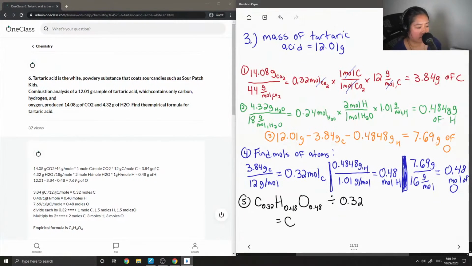Then we get C1, H1.5, and O1.5. But again, I don't want these in decimals, so I'm now going to multiply it by 2, just so that we can get whole numbers. So it's now C2H3O3 is the empirical formula.